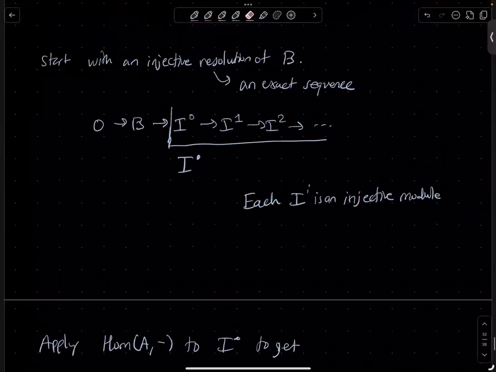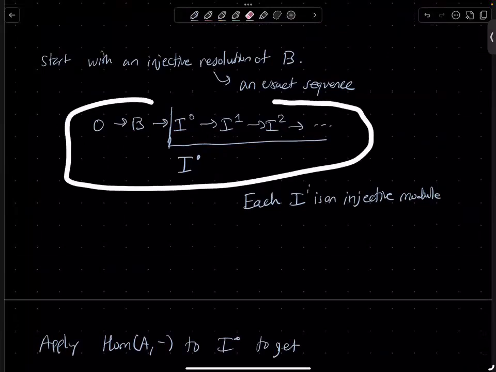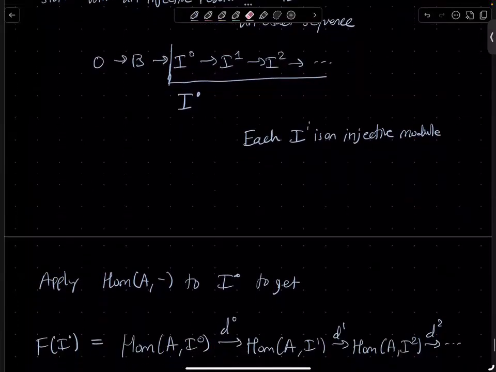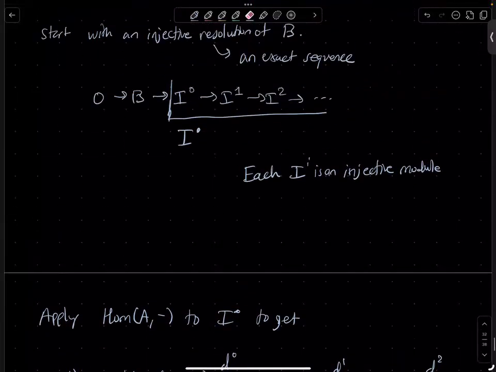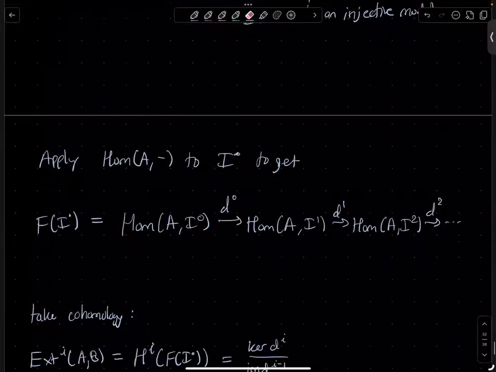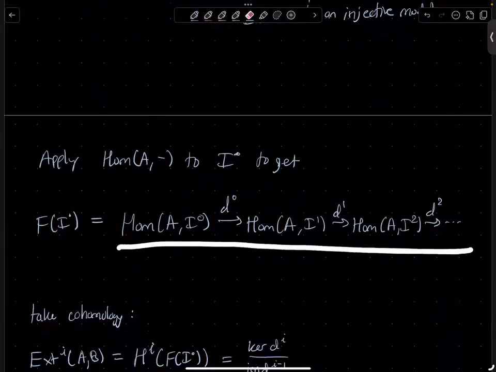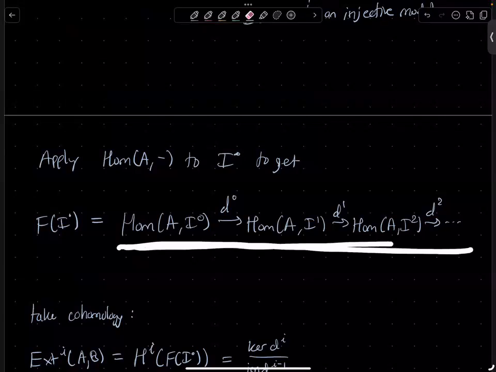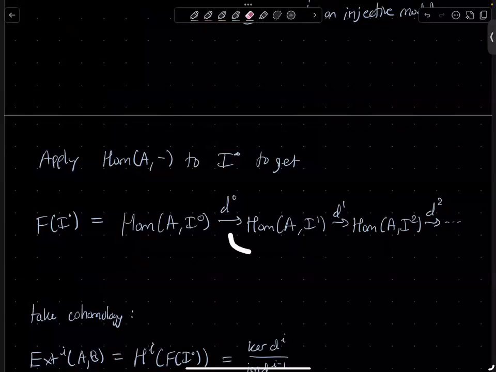I started with this injective resolution, which is exact, right? This whole thing here is exact. When I apply the Hom functor to it, or at least even just to I bullet, I'll get this part here. Now this sequence is possibly not exact anymore, but it is still a cochain complex, meaning I can still compose two maps together and get 0.